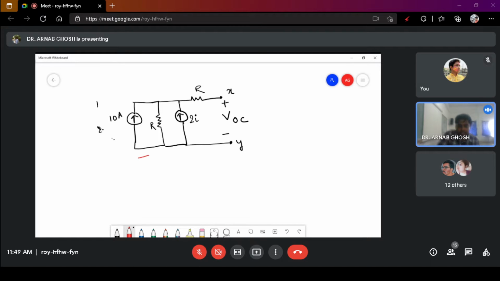This is resistance R, this is your dependent current source of 2I, this is the resistance R, this is also R. This is X, plus minus, V0, and this is Y. So this is the open circuit voltage V0 that we have taken.